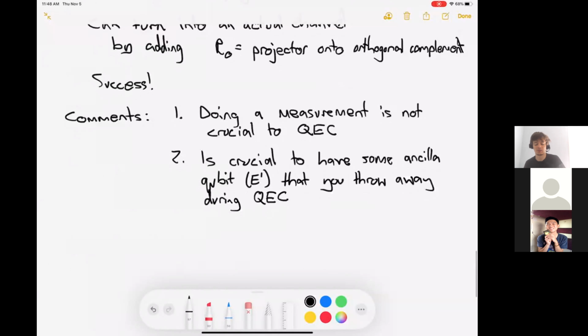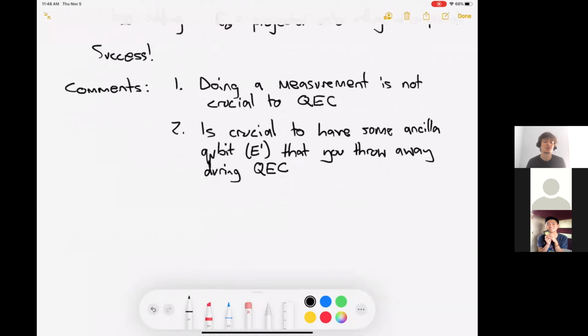These can be thought of as the extra qubits that get measured, but it's really not crucial that you actually measure them. What matters is that you have these extra qubits that then get thrown away.